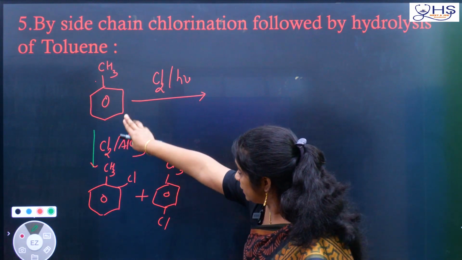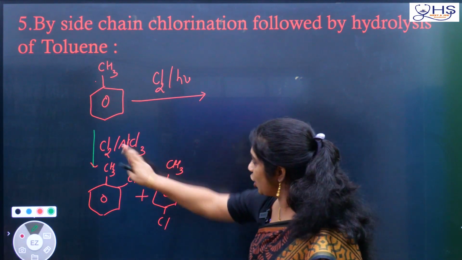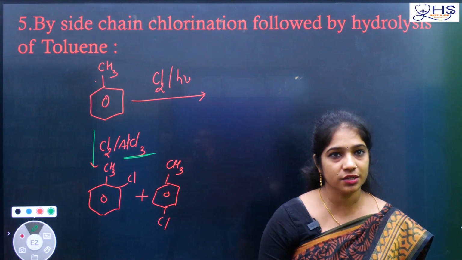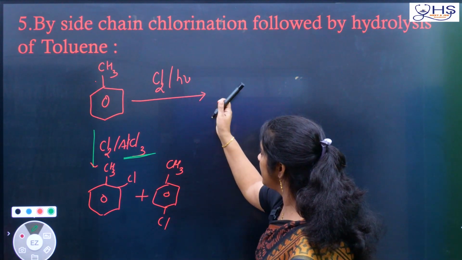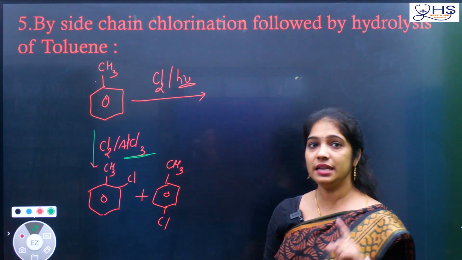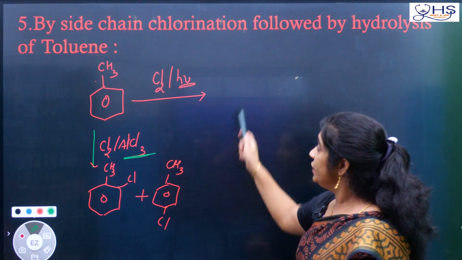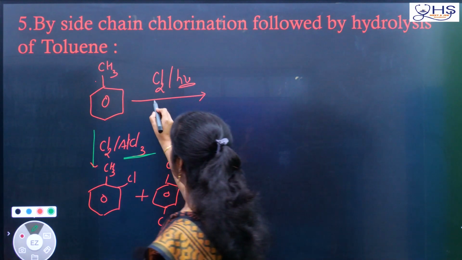The reactant is the same, the reagent chlorine is the same, only see here, if you are seeing AlCl3 you get a different product. But if you are seeing sunlight, this h nu means what? Sunlight, then you will get a different product. Please be very, very careful. So when you are seeing sunlight, this means what?